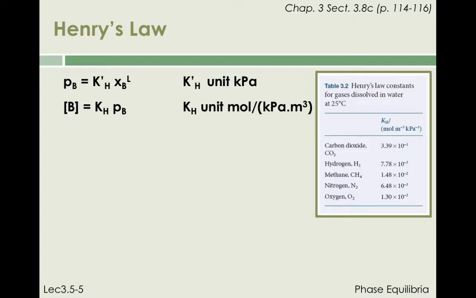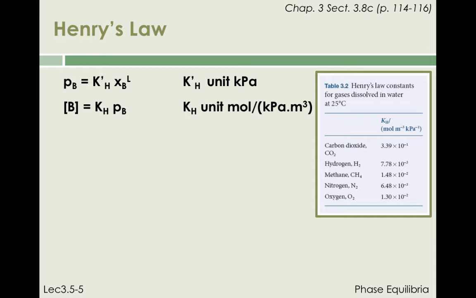Values of Henry's constants are given for a number of gases dissolved in water at 25 degrees Celsius in these units in the table on the right-hand side. Regardless of which Henry's constant is given, you should remember that Henry's constant is a characteristic property of the solvent-solute pair and depends on temperature.